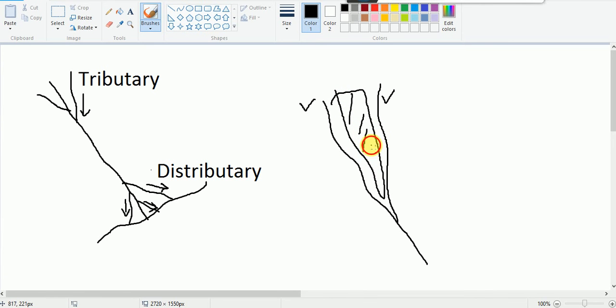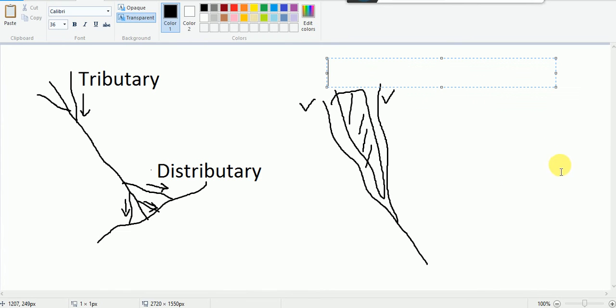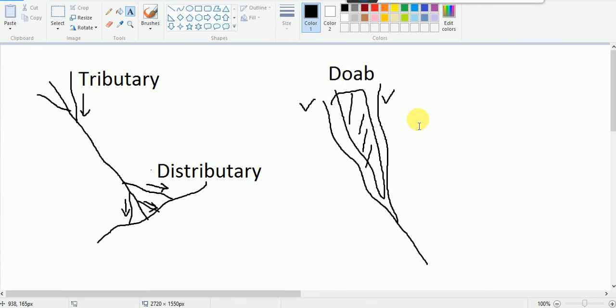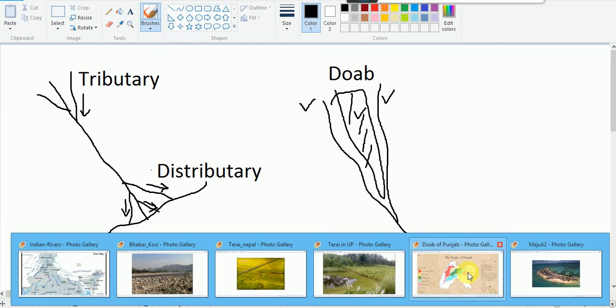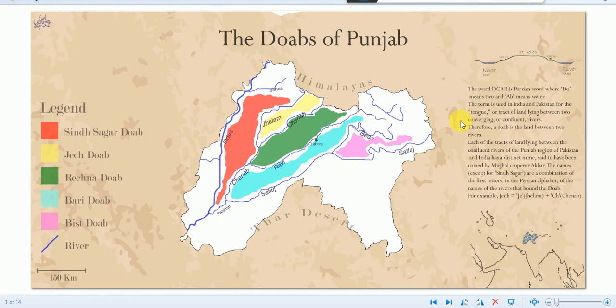This section of land is known as doab. Do means two, ab means river. The land between two rivers is known as doab, as you are seeing here. So this picture shows doabs of Punjab.